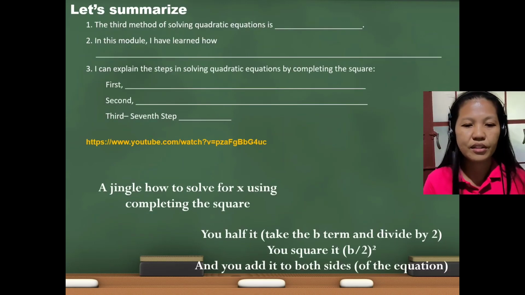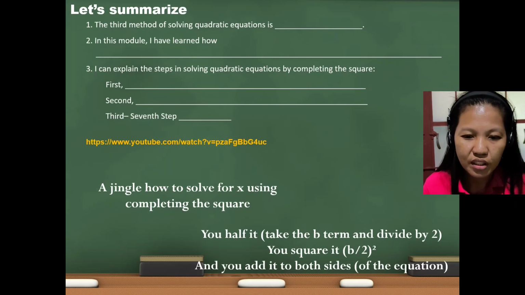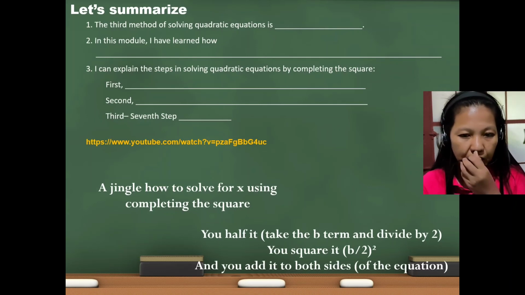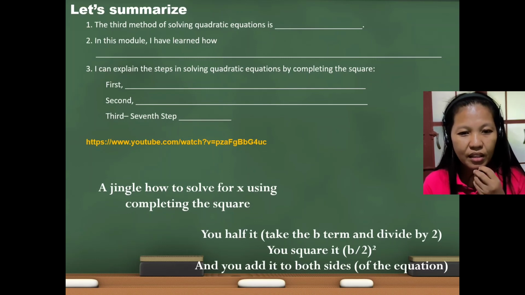Let's summarize. The third method of solving quadratic equations is completing the square. In this module, you and I have learned how to find the solutions or the values of x by solving quadratic equations using completing the square.